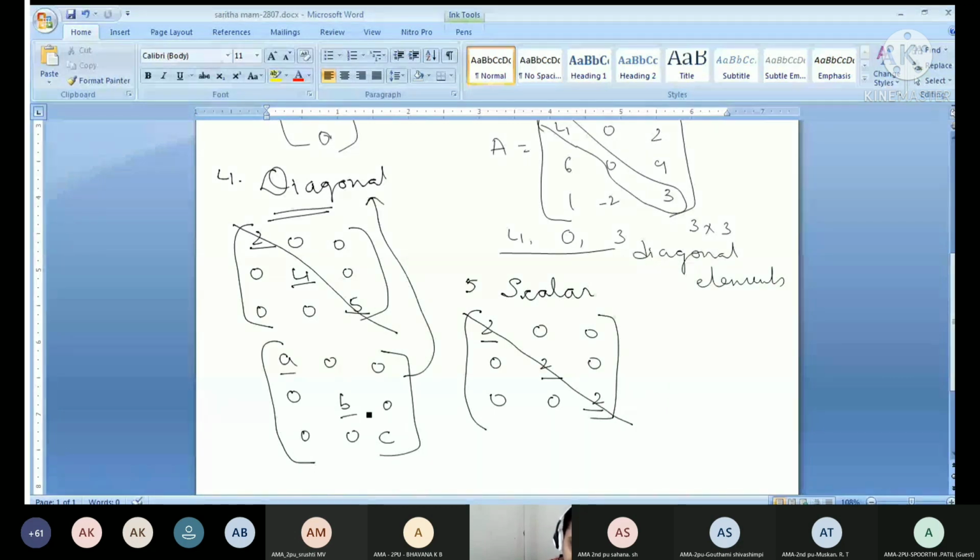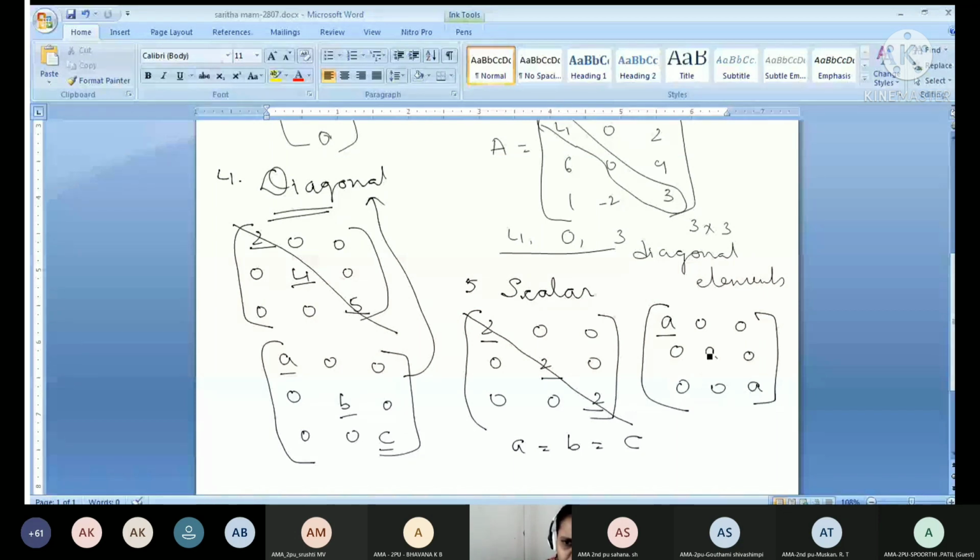If you write A is equal to B is equal to C, that means A 0 0, 0 A 0, 0 0 A, this is your scalar matrix. Are you following me? So scalar means the diagonal elements must be equal.